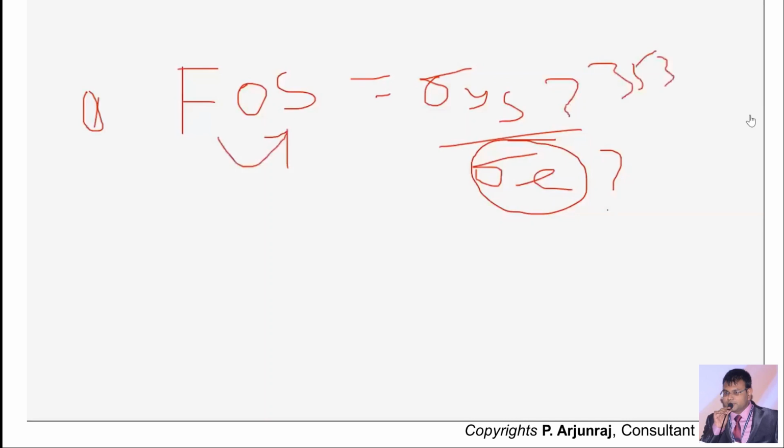We have the equivalent stress formulas for each and every theory. The first equivalent stress formula here is for the maximum principal stress theory, or Rankine's theory of equivalent stress.